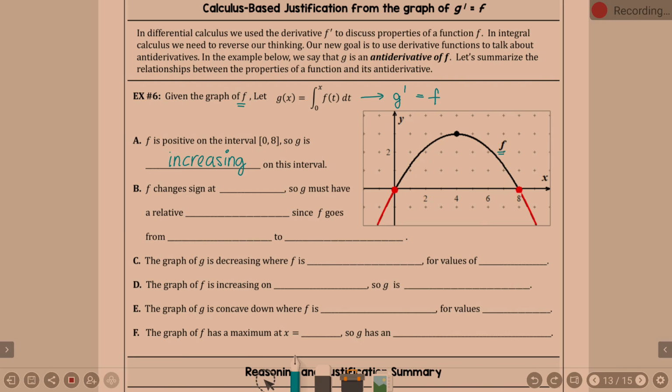F changes sign at x equals 0 and 4. I only have the 8 on here. Why? I don't know. But that's all that they have. So f changes sign at x equals 8. Fair enough? If we just talk about x equals 8.